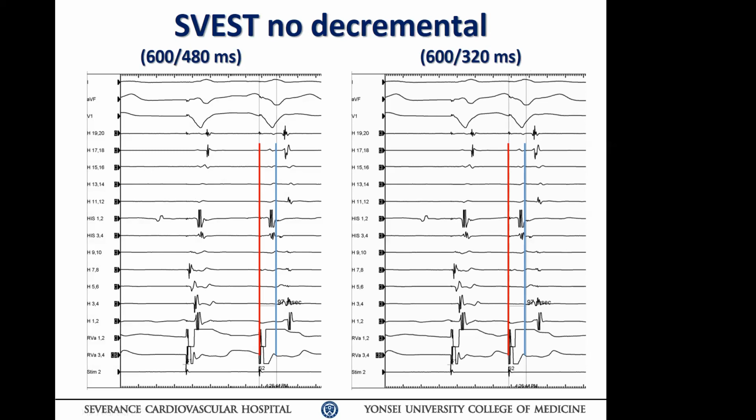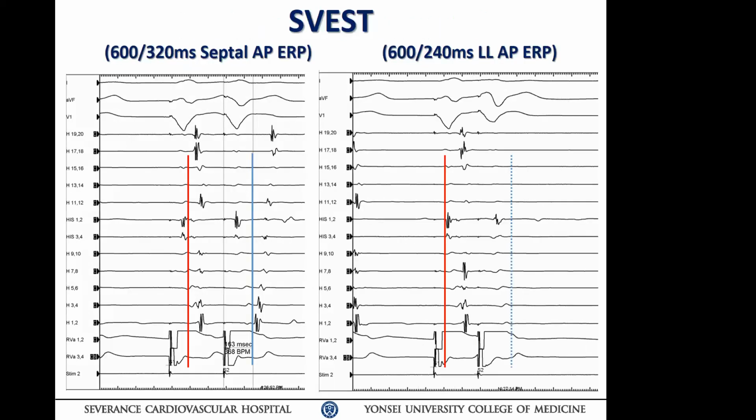With 600 and 320 milliseconds, the septal accessory pathway ERP is reached, and for the left lateral it is 240 milliseconds. We can see that the retrograde A is noted at HIS12, and then it changed to earliest at CS12.